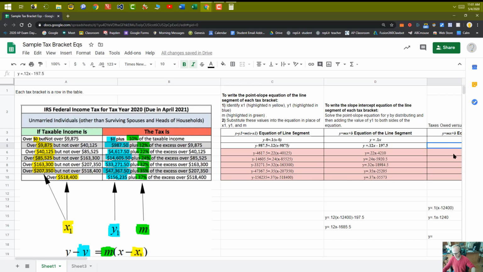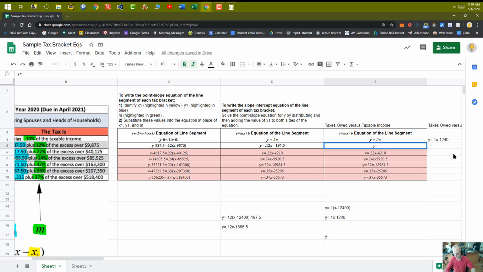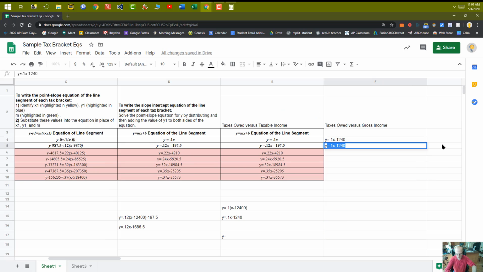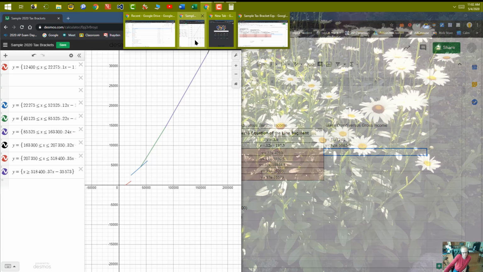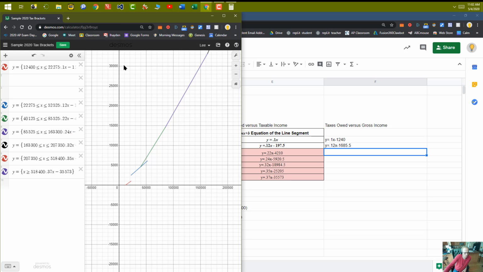So it's going to be y equals, oops, I'm sorry. Let me do Control Z. Okay, so y equals 0.12x minus 1685.5. Okay, so now I'm going to go over to Desmos and I'm going to make the change.